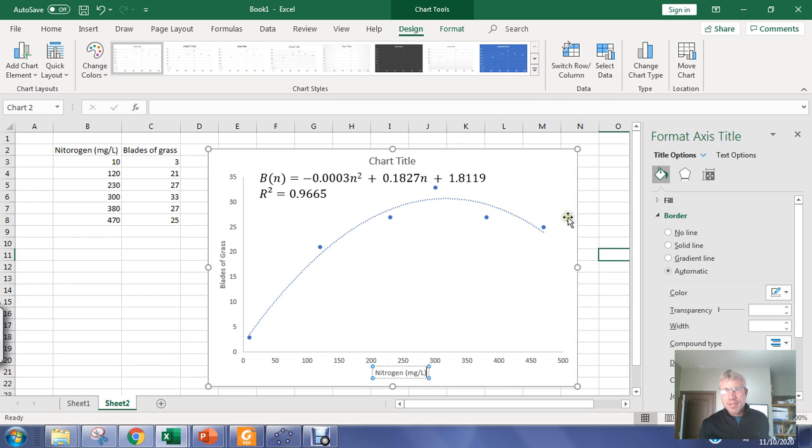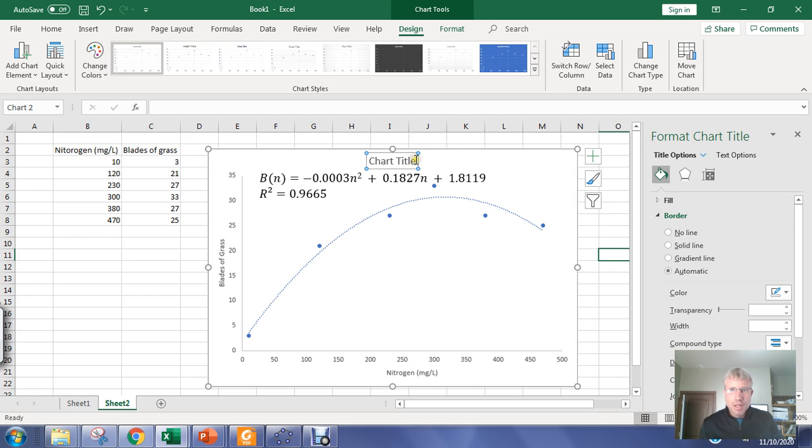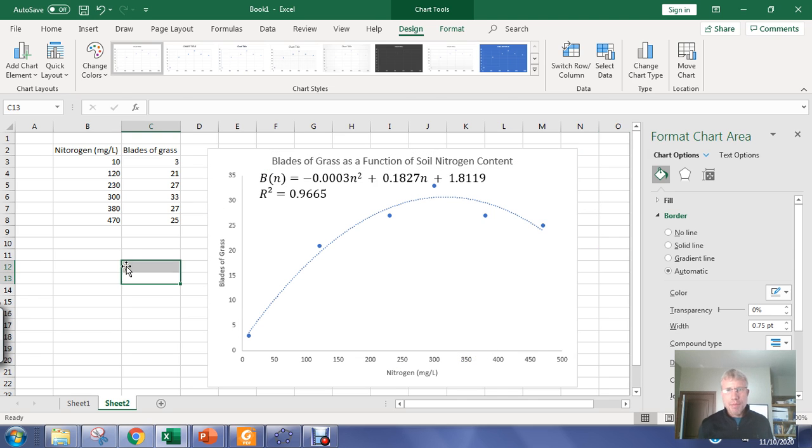So we clean up the axes. Just like we did with linear models, we want the chart titles to make sense. So this is going to be blades of grass as a function of, we'll say, soil nitrogen content, something like that. So clean it up and get a nice graph.